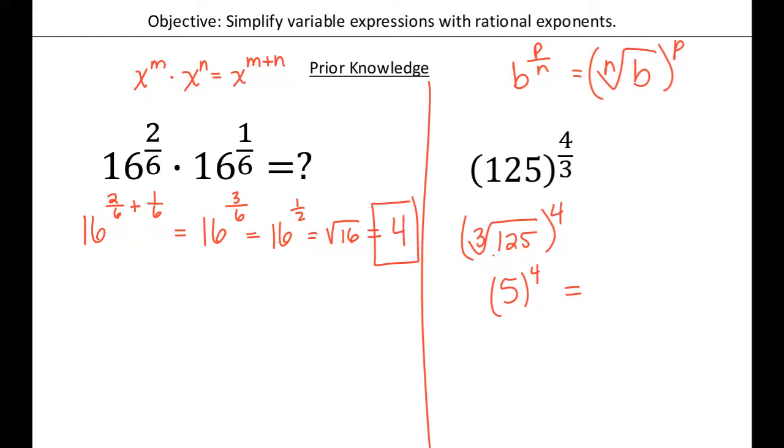So 5 to the 4th power, that's 5 times 5 times 5 times 5. 5 times 5 is 25. Times 5 is 125. Times 5 again would be 625?